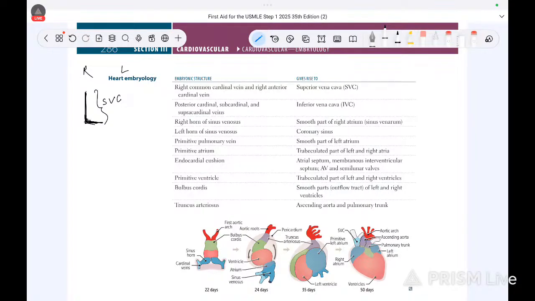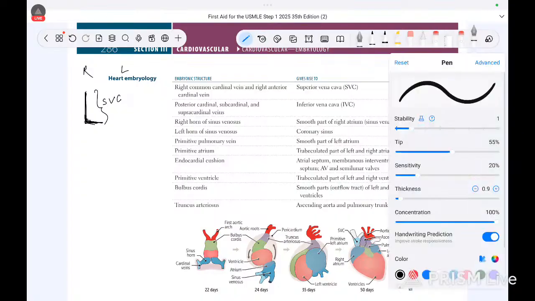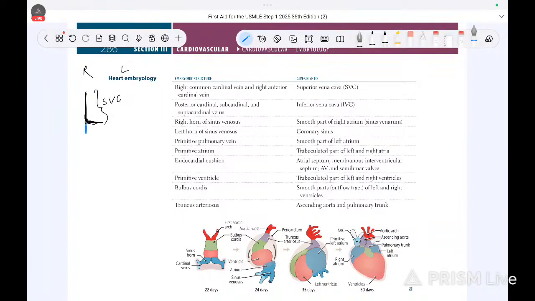Then next, if I use another color, the inferior vena cava in turn is formed by, suppose, this is the posterior cardinal, then there is the subcardinal vein, and there is the supracardinal vein.